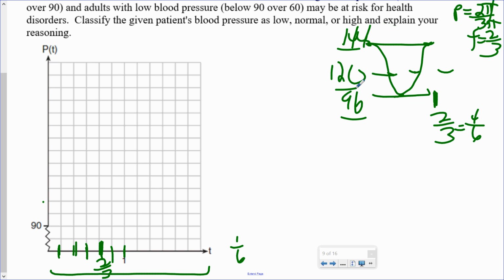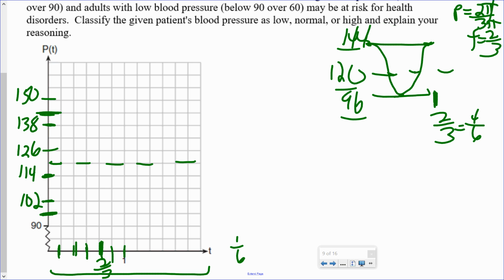I'm still gonna label every other box. 102, 108, 114, 120, 126, 132, 138, 144, 150. So my midline is 120. My max is 144. My min is 96.